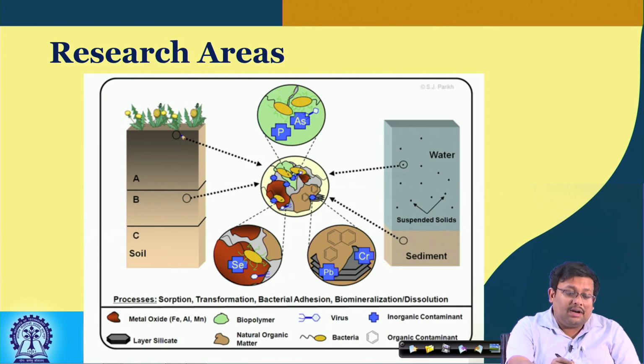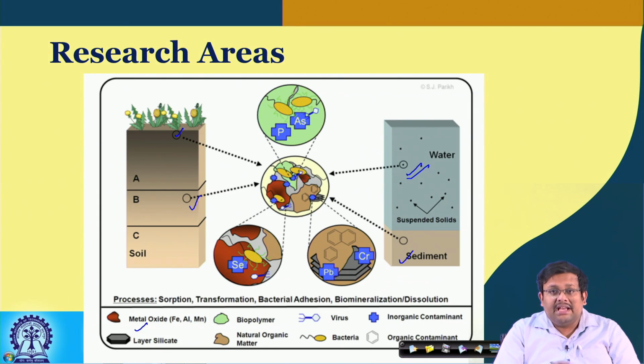When we take soil from different horizons and also from different sediments and water, they can all be used for analyzing or characterizing a number of different types of components, which are basically metal oxides. Among the metal oxides, iron oxides, aluminum oxides and manganese oxides are very important.